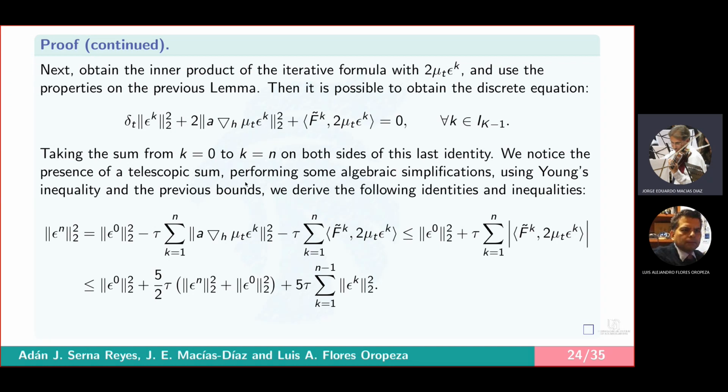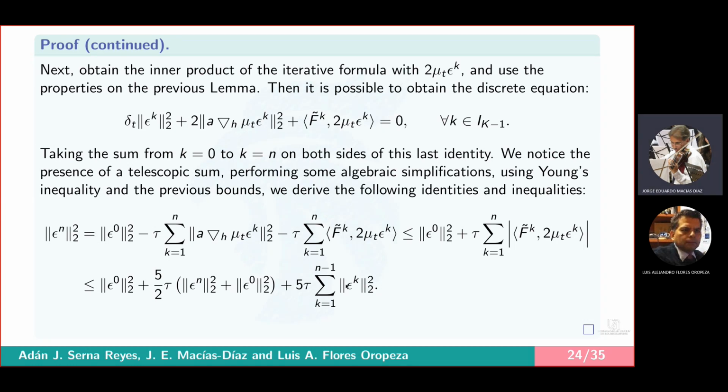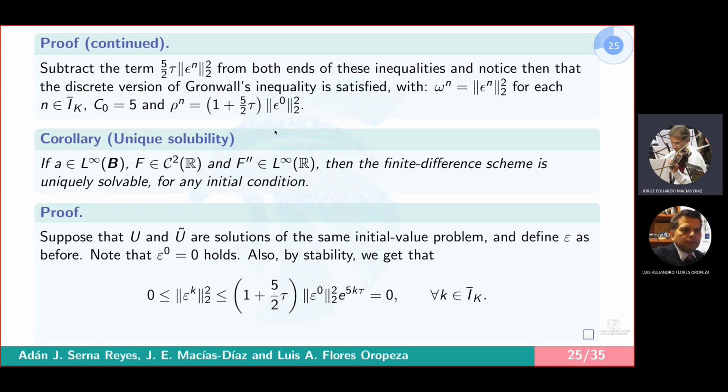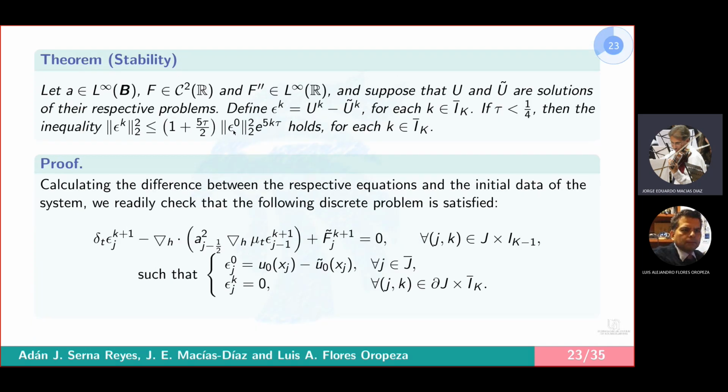You use telescopic sums, some algebraic simplifications, Young's inequality, Cauchy's inequality, and finally you obtain this chain of identities and inequalities. You move terms around and then you obtain the discrete form of Gronwall's inequality. So if you make omega equal to this term and rho equal to this term in Gronwall's inequality, then you finally obtain the conclusion, which is this one.